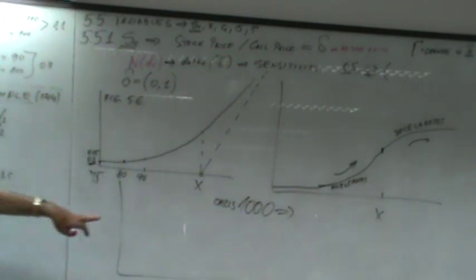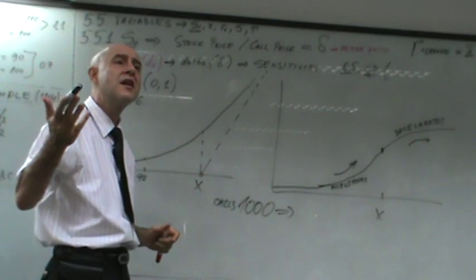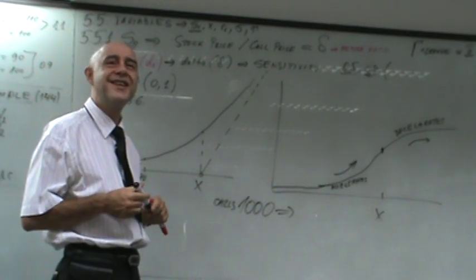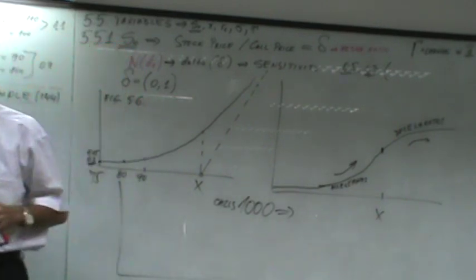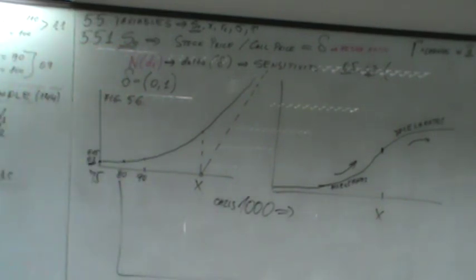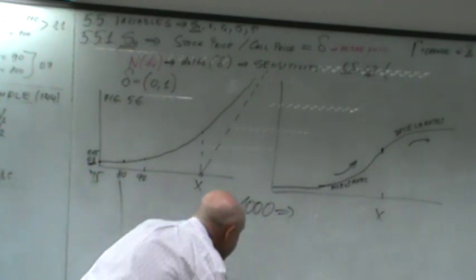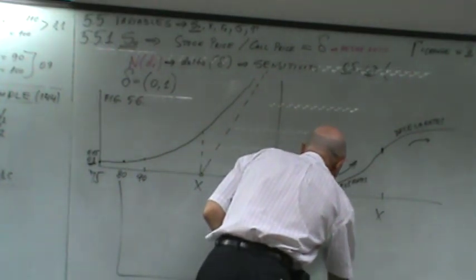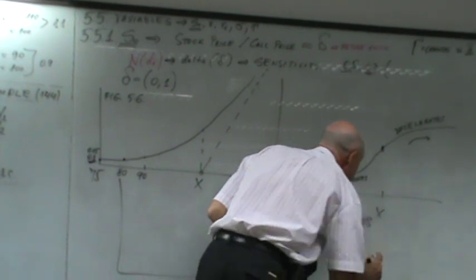Here, for 1,000 calls, how many shares do you need? 100. 1,000 times 0.1 is 100 shares.